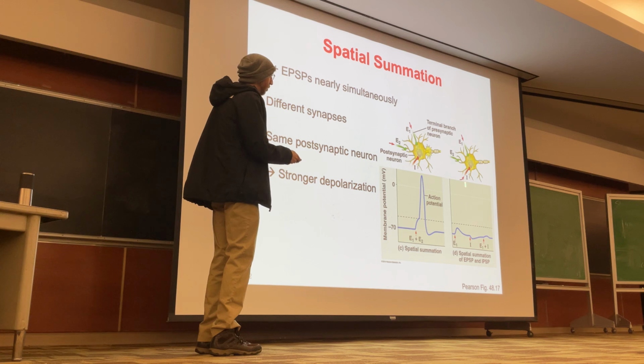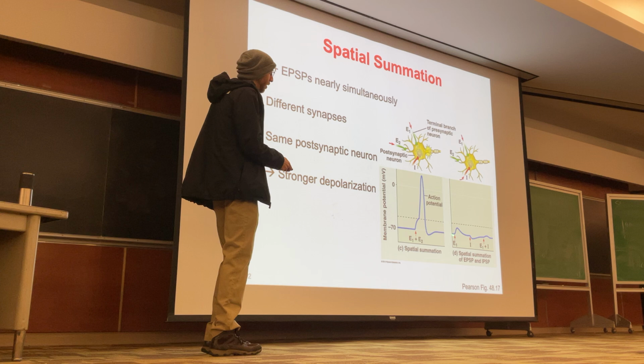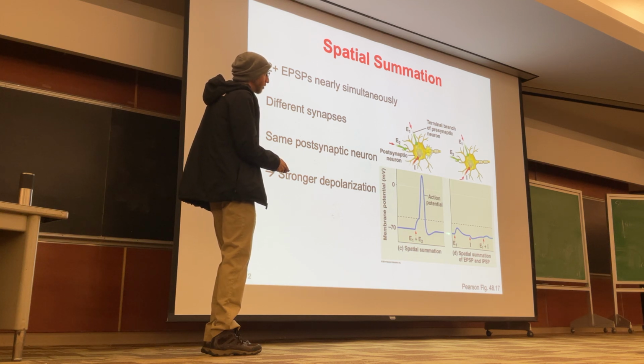In this example, we have an excitatory signal arriving at the same time as an inhibitory signal. In this graph right here, you can see we have your depolarization from E1, and then separately, what the IPSP looks like. The net result is shown right here, where the magnitude of depolarization is greater than the magnitude of the hyperpolarization.